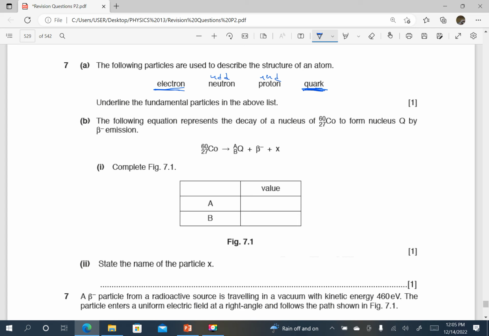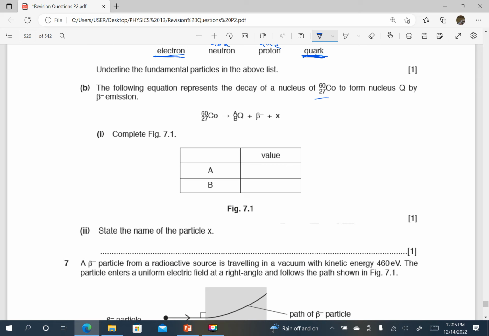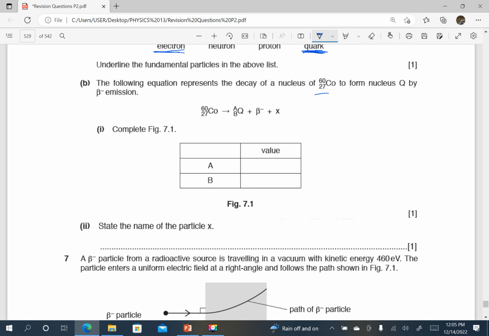The following equation represents the decay of a nucleus of Co to form a nucleus Q by beta minus emission. Complete the figure. So for A, we are just trying to balance.